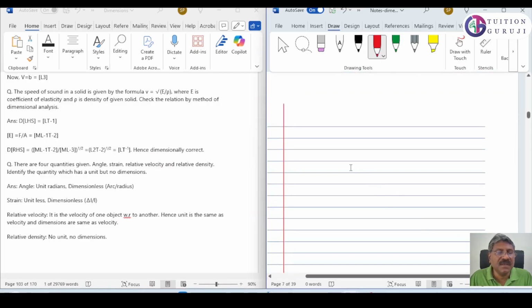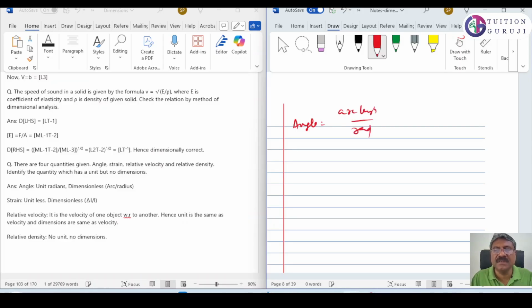Next one is, there are 4 quantities given: angle, strain, relative velocity, relative density. Identify the quantity which has a unit but no dimension. Let's take the first case, angle. Angle is actually arc length by radius. So it has no dimensions because it is the ratio of 2 lengths, but it has a unit.